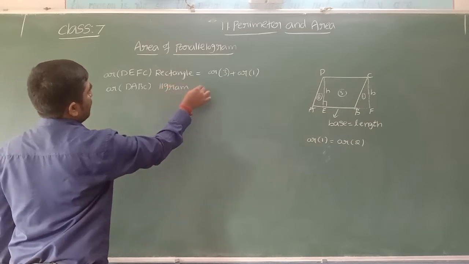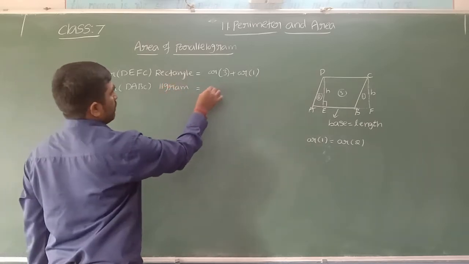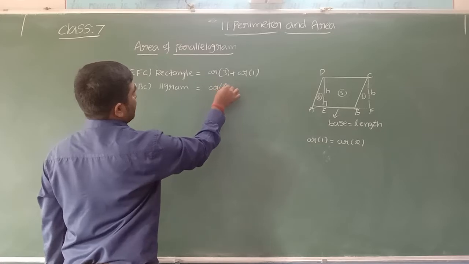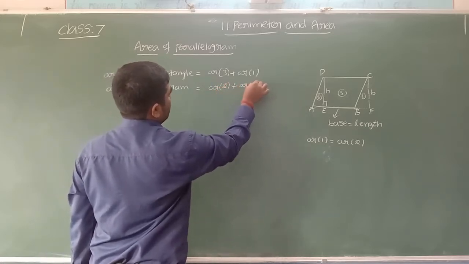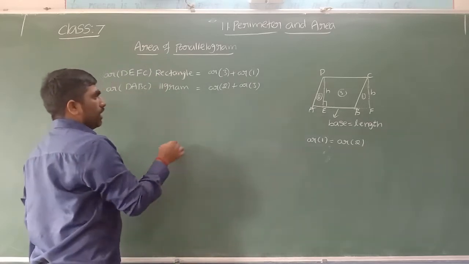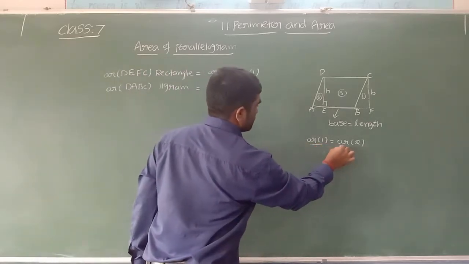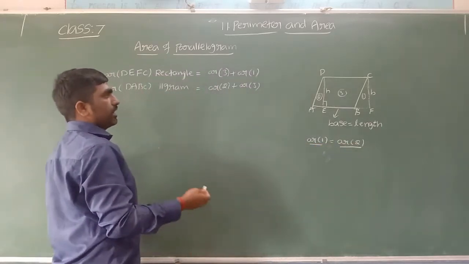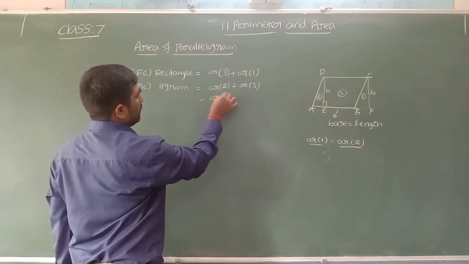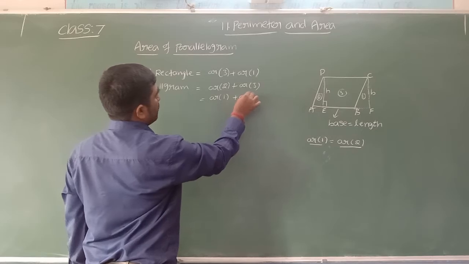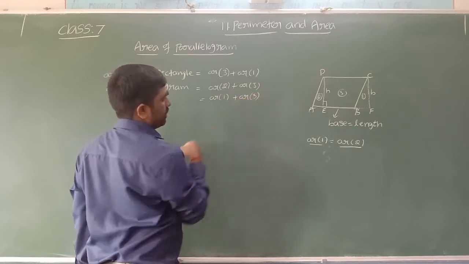So area of DABC parallelogram means what, beta? Here I can see area of second part plus area of third part. And you know here area of first part and area of second part are equal, they are congruent. So instead of area of second part, let me write area of first part plus area of third part.